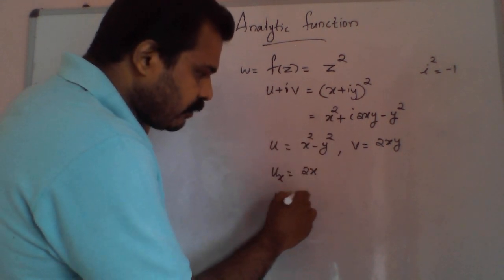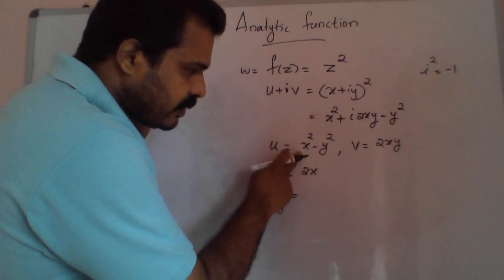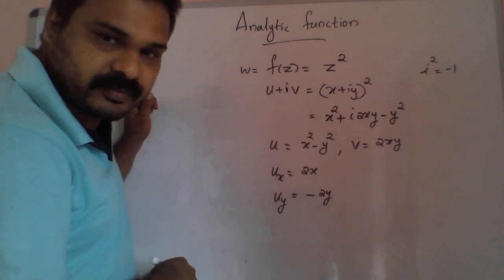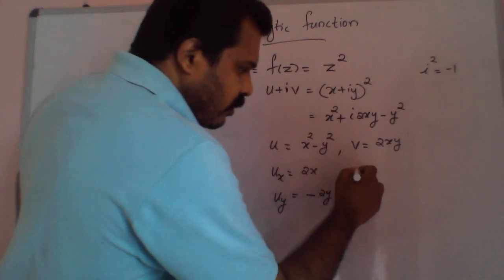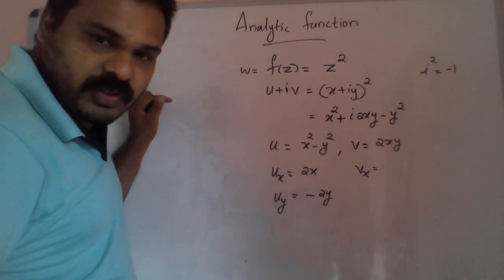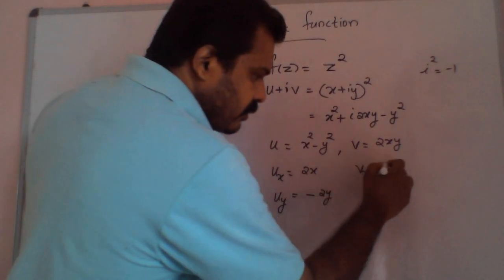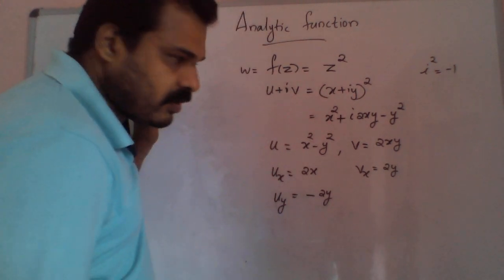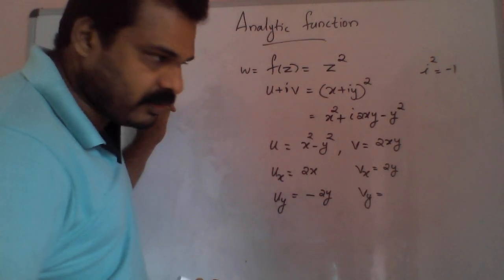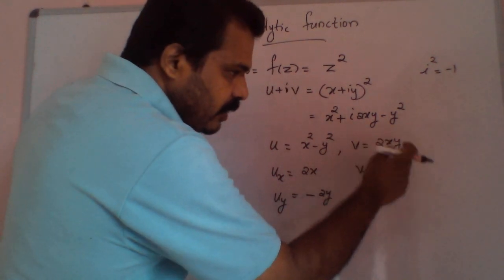Then uy, differentiating u with respect to y, x square gives 0, minus the derivative of y square is minus 2y. Vx, derivative of v with respect to x, is 2y. Vy, differentiating v with respect to y, is 2x into derivative of y which is 1.